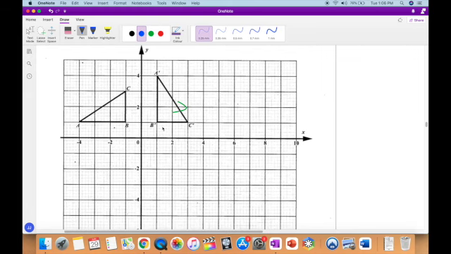Let's see. If I have B mapping on to B prime, that means that this could be the center of rotation there, and I would have to rotate 180 degrees, right? If I have A mapping to A prime, and let's just say that this here is the center of rotation.